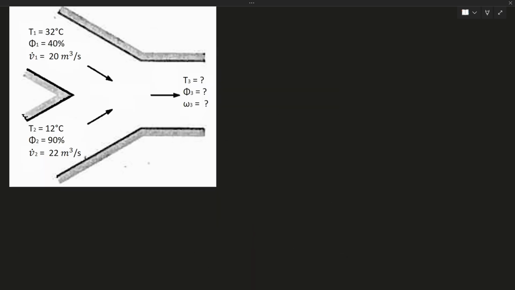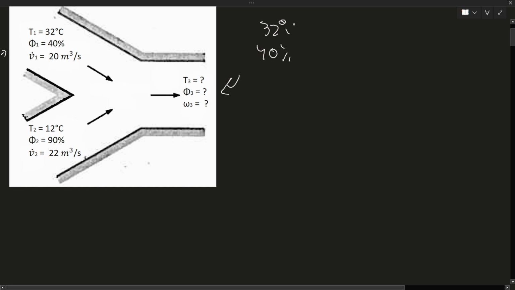All right, let's do one last example just because this problem is kind of complicated. It's basically an adiabatic mixture, and the question is asking us to find the final conditions, okay? So, first of all, checking the first airflow over here, you have 32 degrees Celsius and 40% relative humidity.